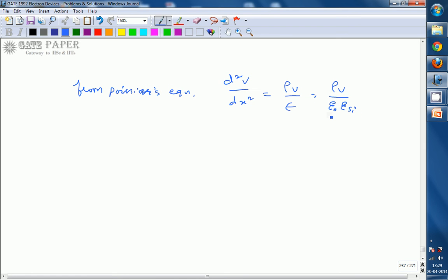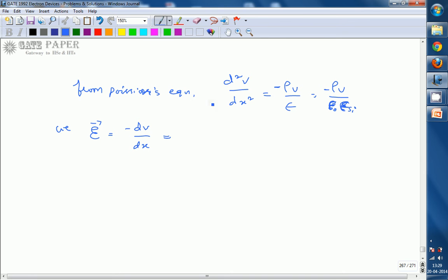We know that the electric field is indicated as E, and electric field is equal to minus dV/dx, whereas Poisson's equation has minus rho_v by epsilon. Don't confuse the signs. Electric field is equal to minus dV/dx.